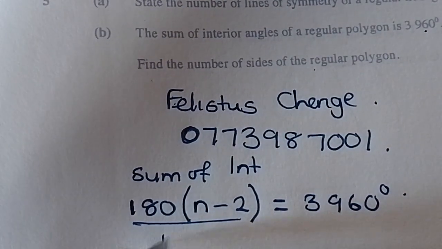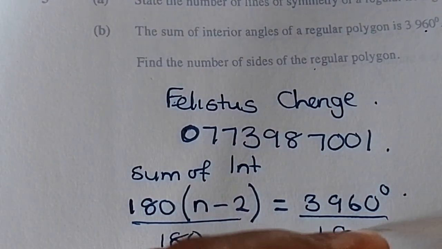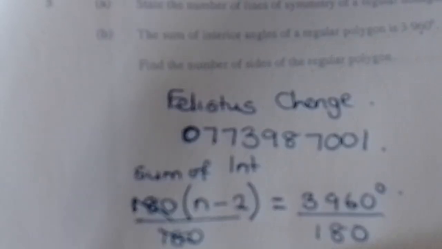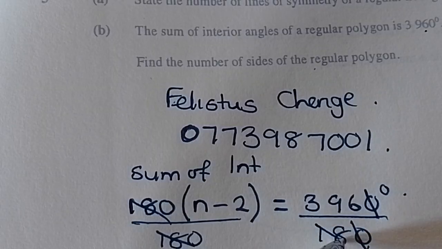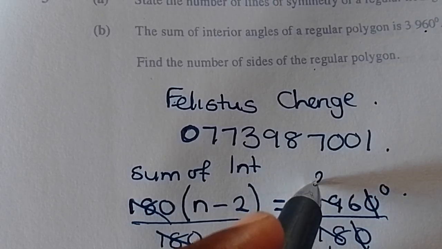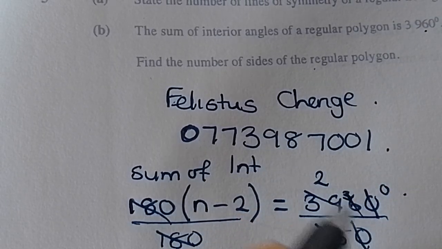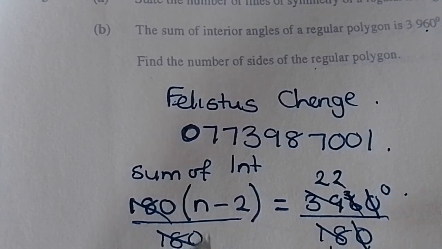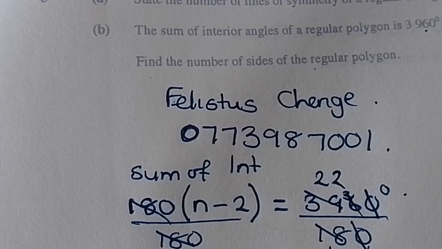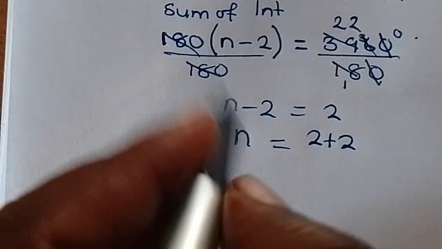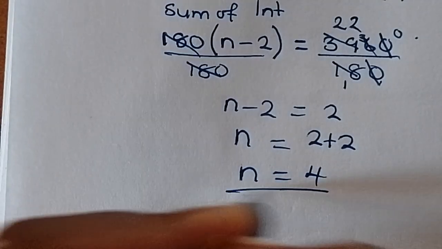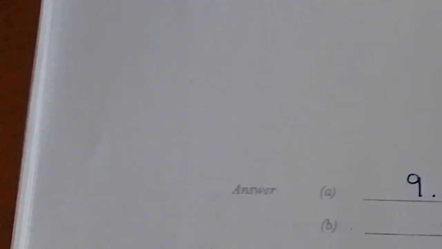Divide by 180 on both sides. We remain with n minus 2 is equal to 22. So n is equal to 22 plus 2, so n is equal to 24. The number of sides is 24. N represents the number of sides.